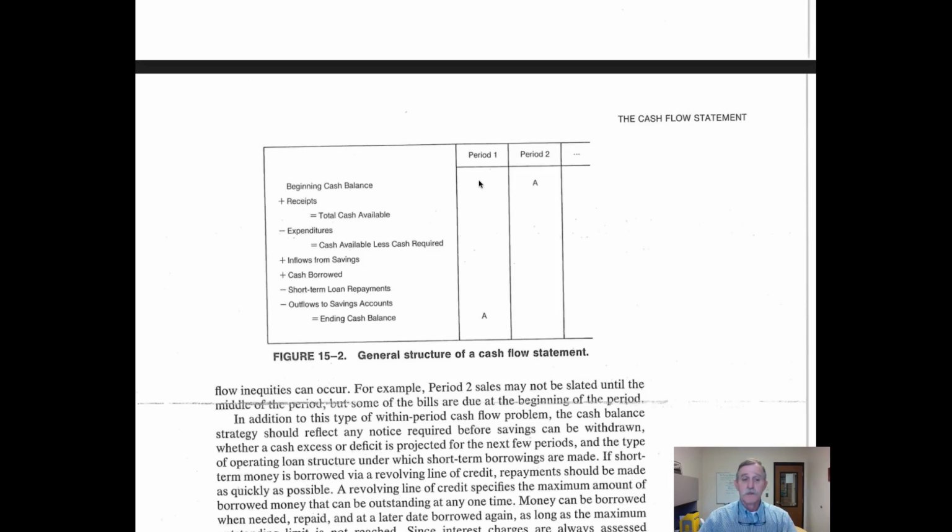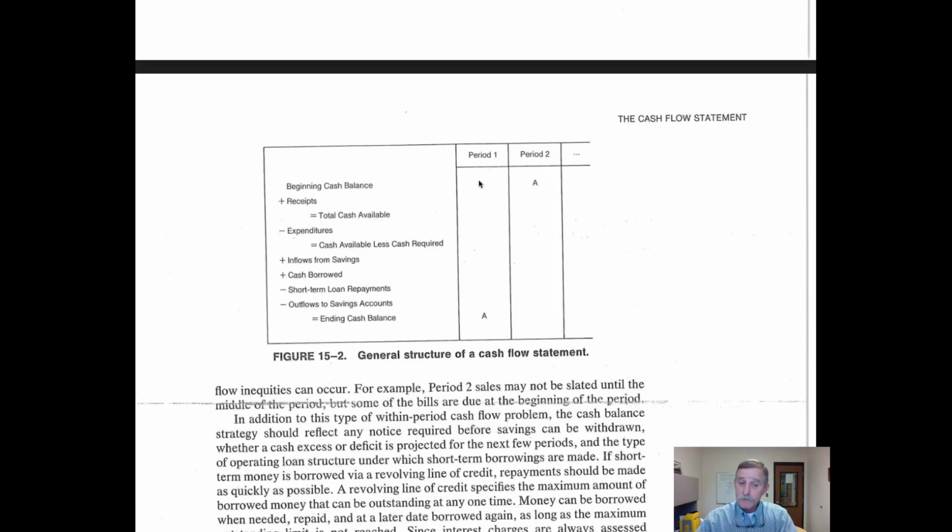Okay, you may actually participate in the business and pull money out of savings to put into the business. That will be recorded next. Okay, and these could be set up a little bit different depending on what kind of cash flow you're familiar with, if you already are.